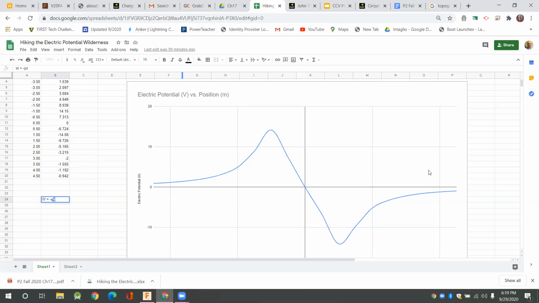And in order to get free again, it's going to cost you energy. So if you were hiking this and you found yourself kind of stranded down here, then you're going to have to exert some energy in order to get out of this hole. How much energy? Well, this energy right here. This is a voltage right now, but if I just multiply this difference in voltage times the charge, then I do get energy.